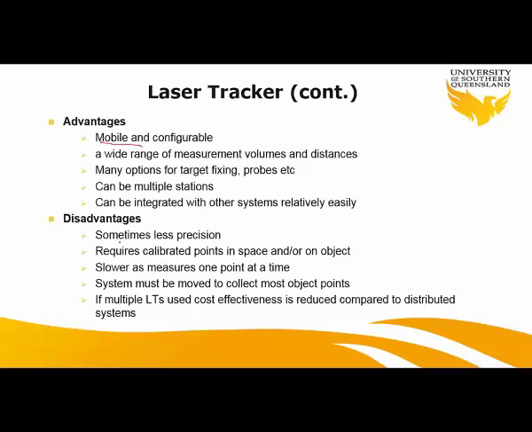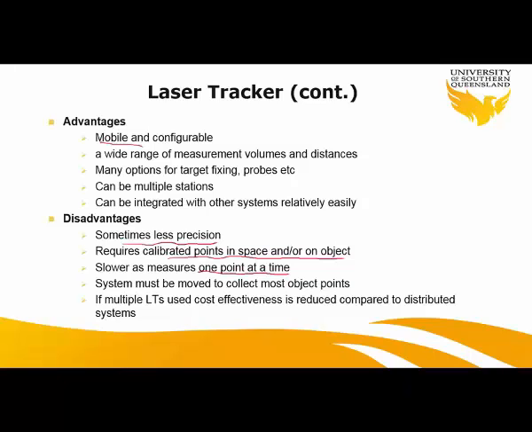Disadvantages: sometimes, depending on the surface geometry and the machinery or whatever object you're measuring, it can have less precision. You need to calibrate the point in a space or an object to have the precise coordinates, obviously. And then it's slower because it's a one-to-one measurement, so you have to measure each point, so it takes longer rather than a distributed system where you can measure everything at a time.